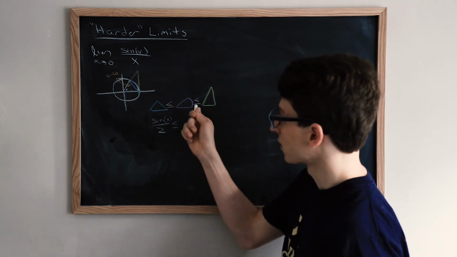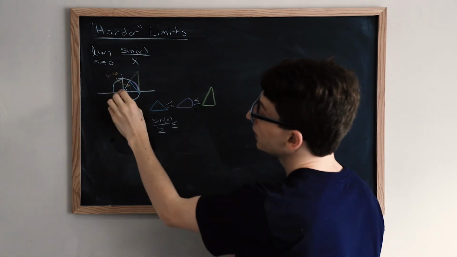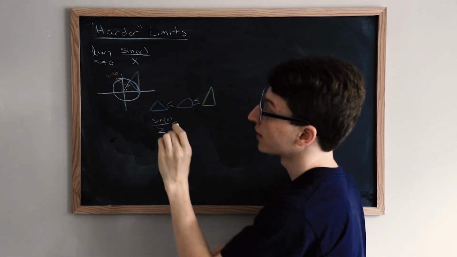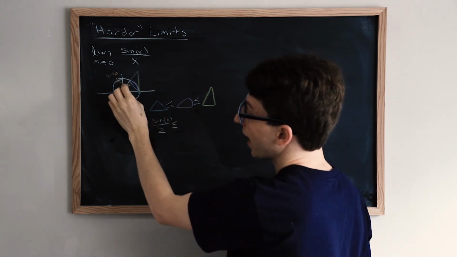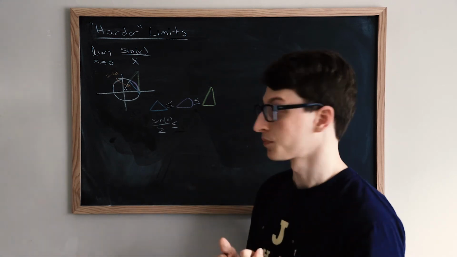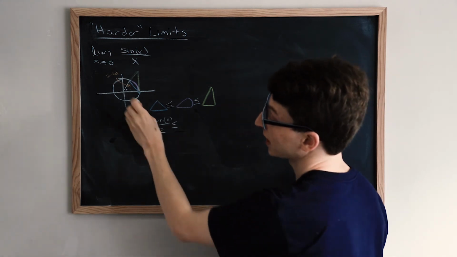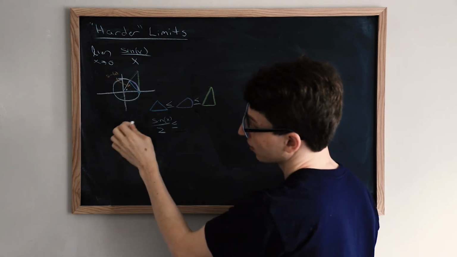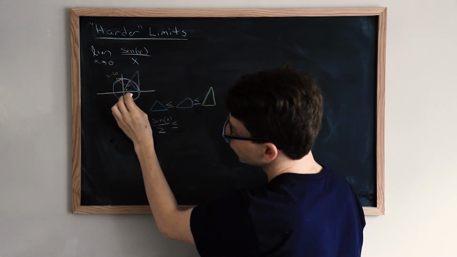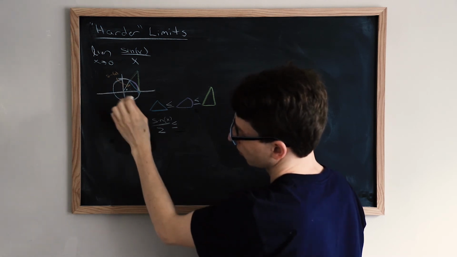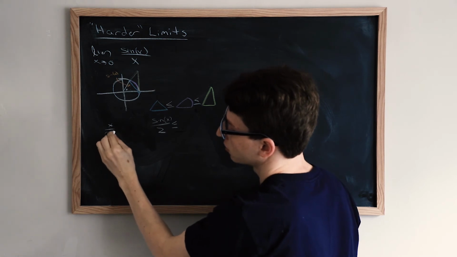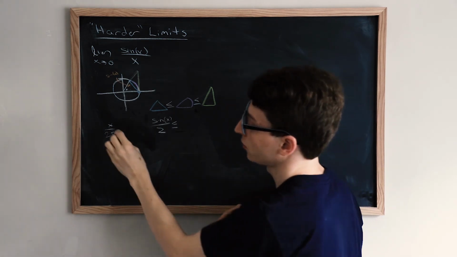Now, what is the area of this sector? Well, the total area of the circle is pi, and the ratio that the angle x takes up of the whole circle is x over 2 pi, because there are 2 pi radians in the full circle.